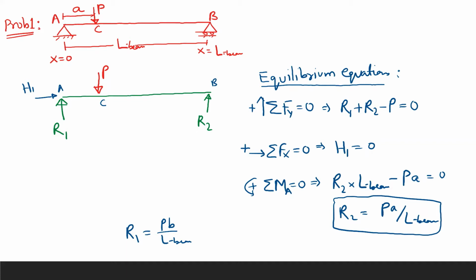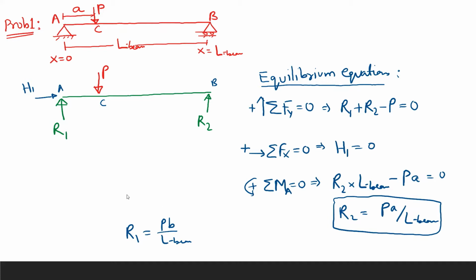First of all, we see that this end is a hinge support and this end is a roller support. A hinge support has two reactions, one vertical and one horizontal, and the roller support has only one vertical reaction. So the total number of reactions is 1, 2, 3. So three reactions are there.